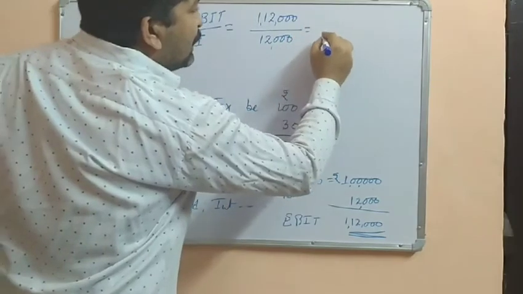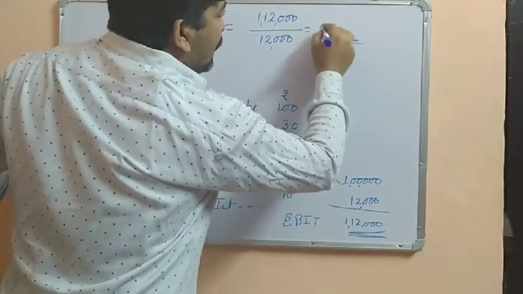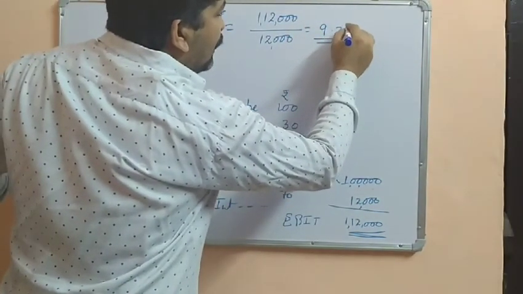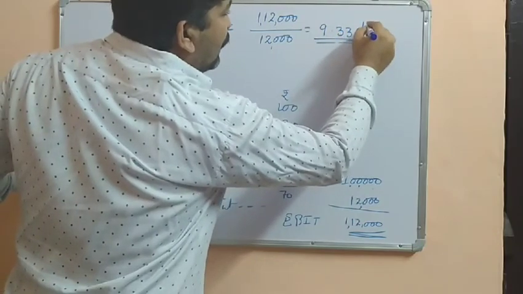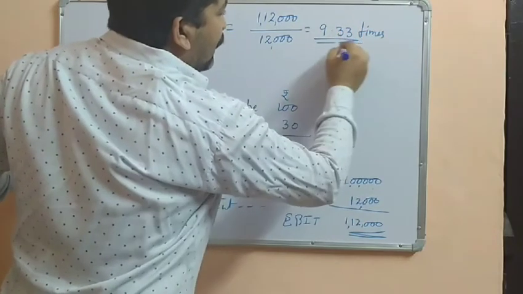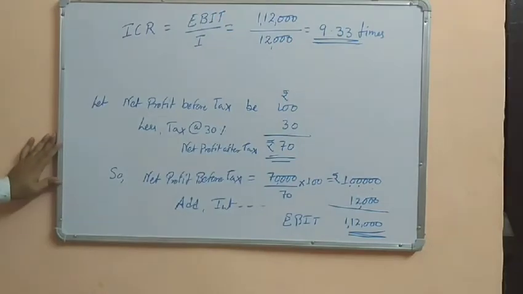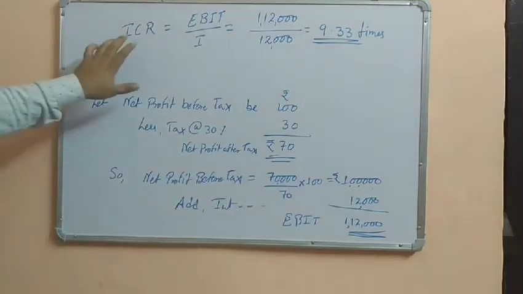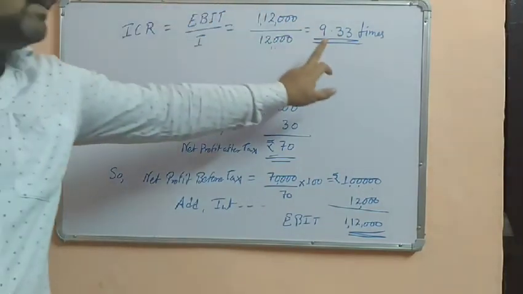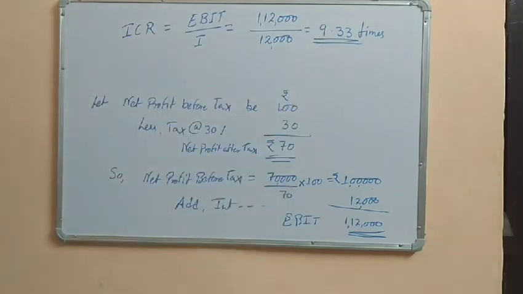You divide it, we'll get the answer 9.33 times. This is counted in times. ICR is always shown in times. Okay, you will get the final answer. Okay, thank you. I hope you have understood this.